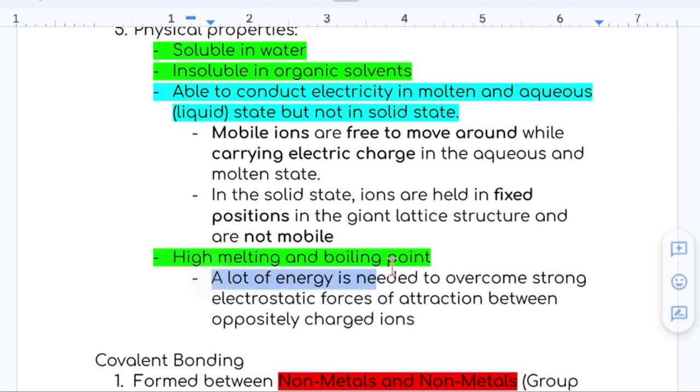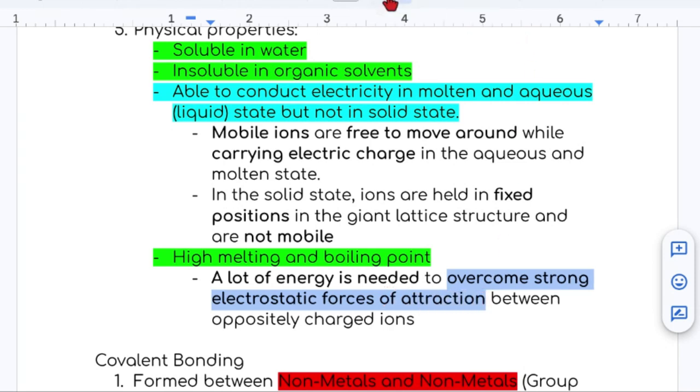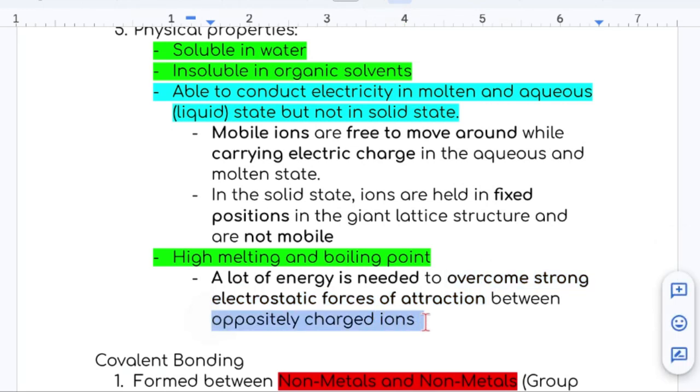Okay, a lot of energy is needed is important. Overcome strong electrostatic forces of attraction is also important, and you must write oppositely charged ions.